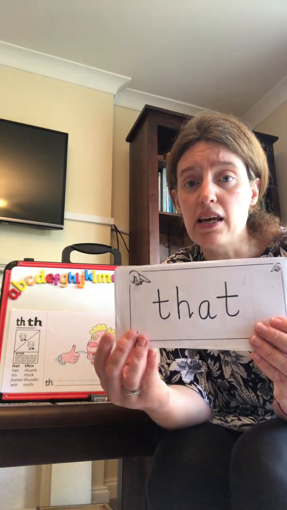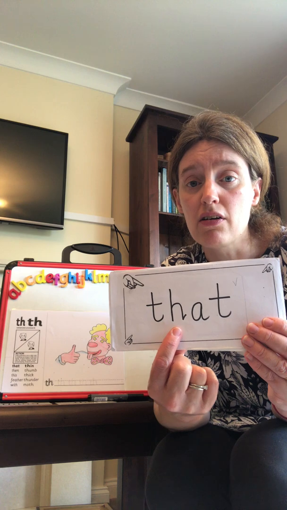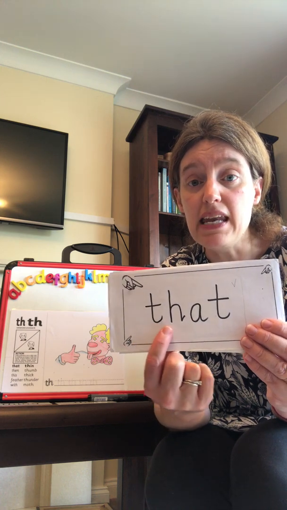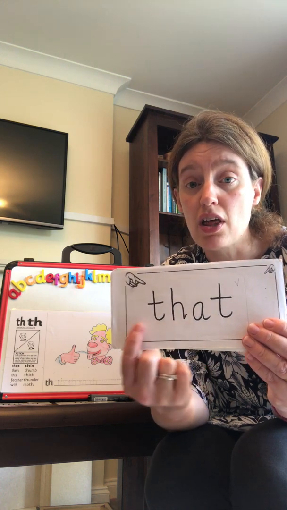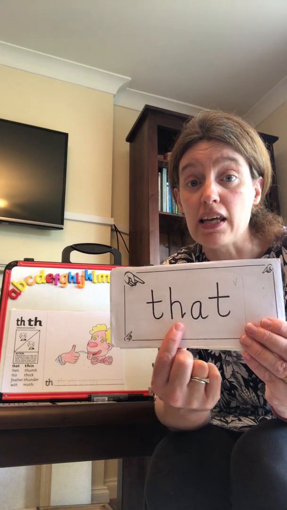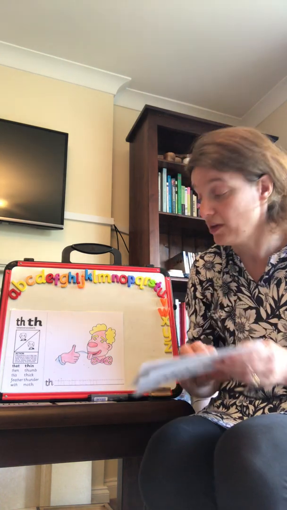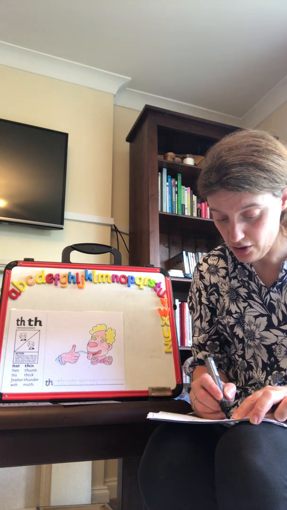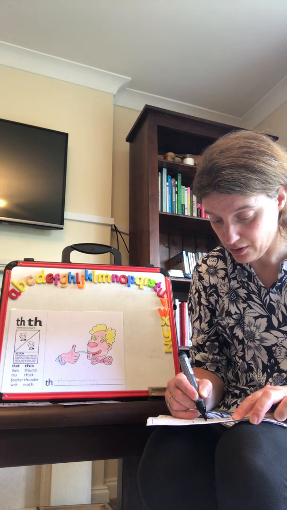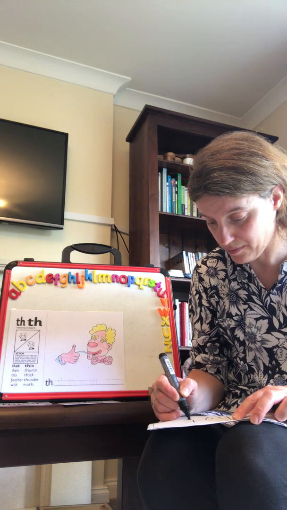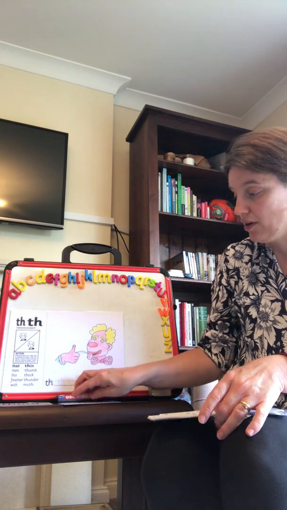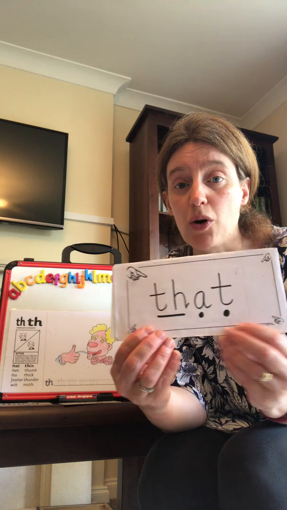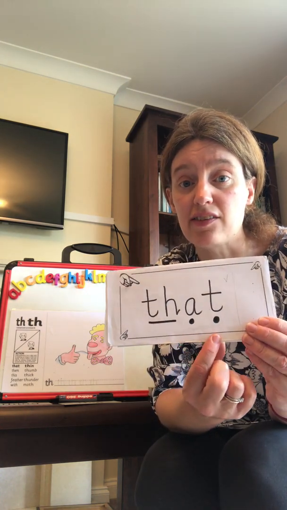Can you see? It has th at the beginning of its word, so we can underline the digraph. Let's have a go. Underline the digraph, and what have I added to the last two sounds?